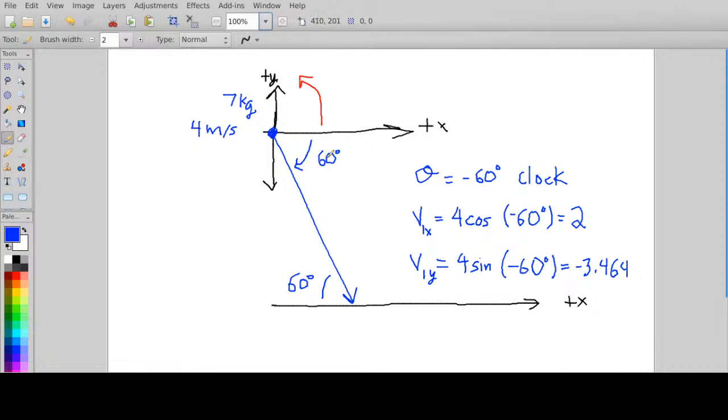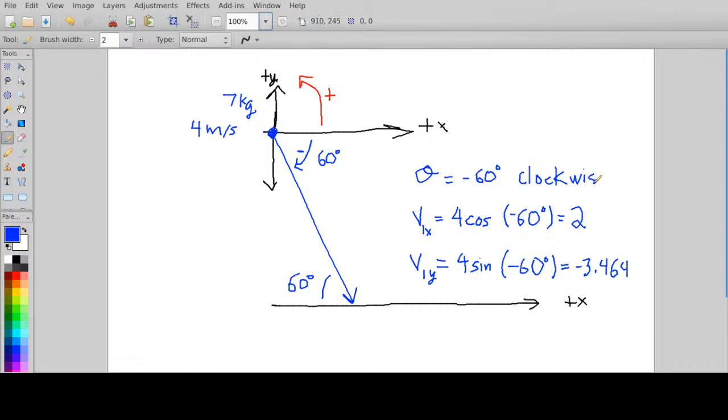So if you measure counterclockwise, that's positive. Clockwise is negative. And so you can go right ahead and use 60 in there, but it's going to be negative 60, and that's because this is clockwise.